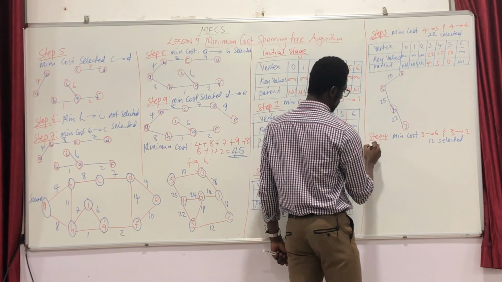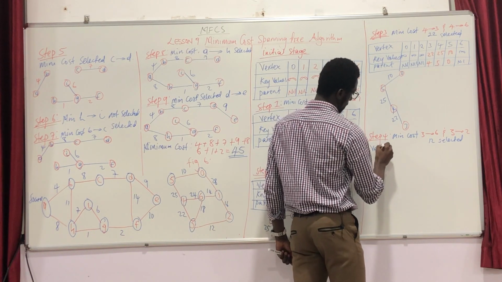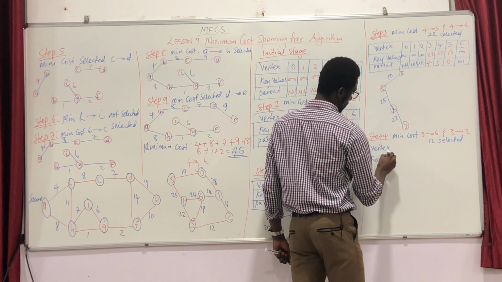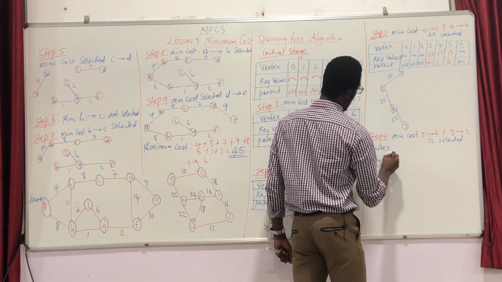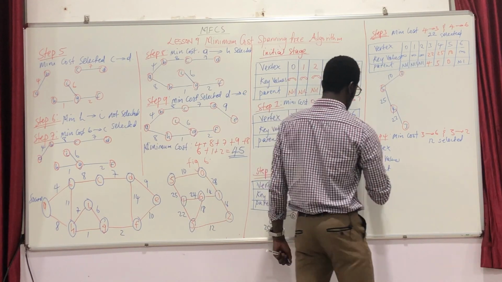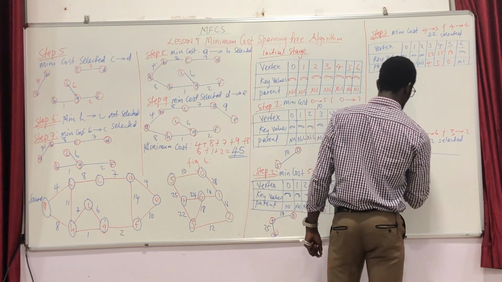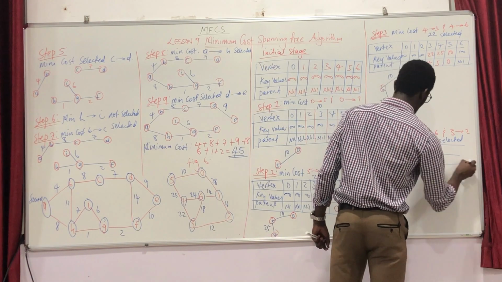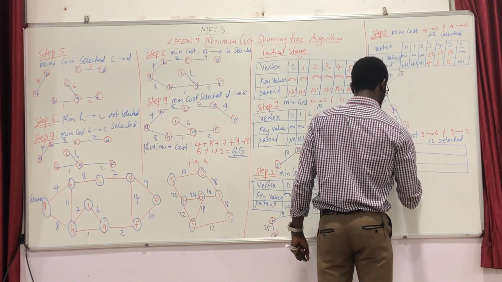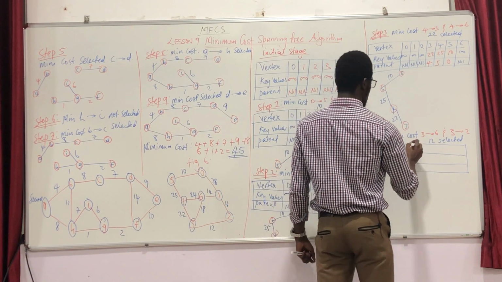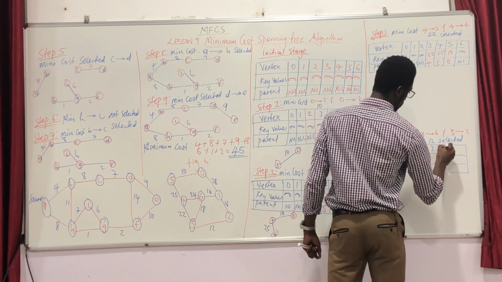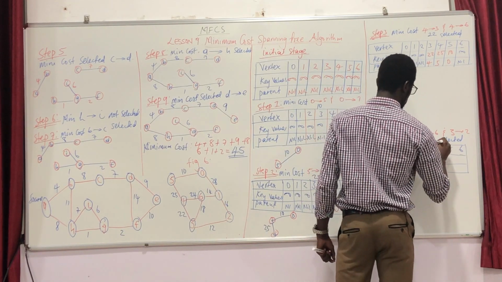We'll do our table again. Vertex, key values, and here parents. 0, 1, 2, 3, 4, 5, and 6.